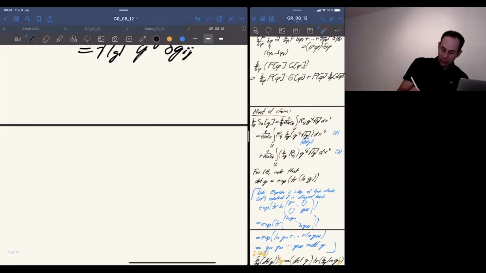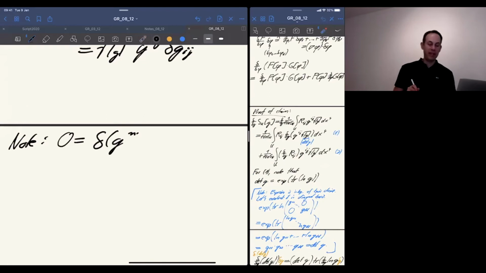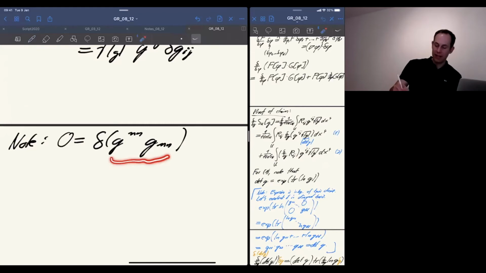So let's just note some other thing. It's always useful to note a few things, namely the variation of g^{mn} times g_{mn}, the inverse times the metric, this gives, of course, the identity. So that thing here is just the identity. If I take the variation of the identity with respect to g, then I get 0. But now I can again apply the chain rule. And the chain rule tells me that this is essentially just, let's first apply the derivative to the first term.